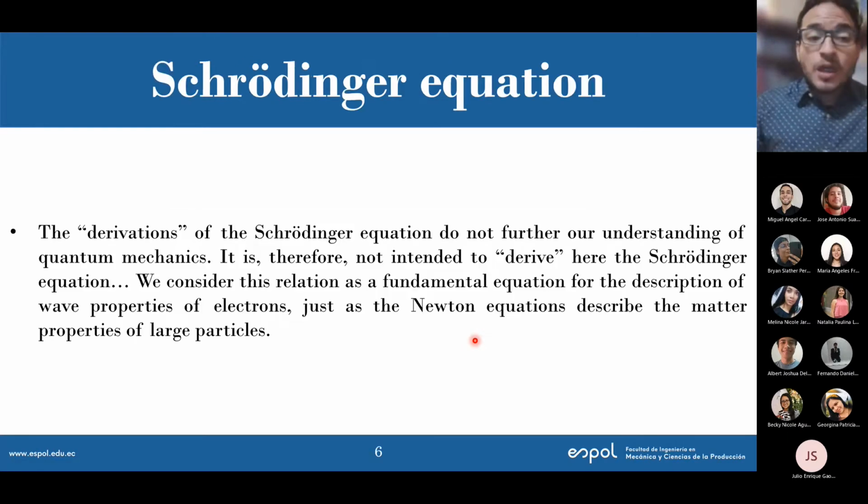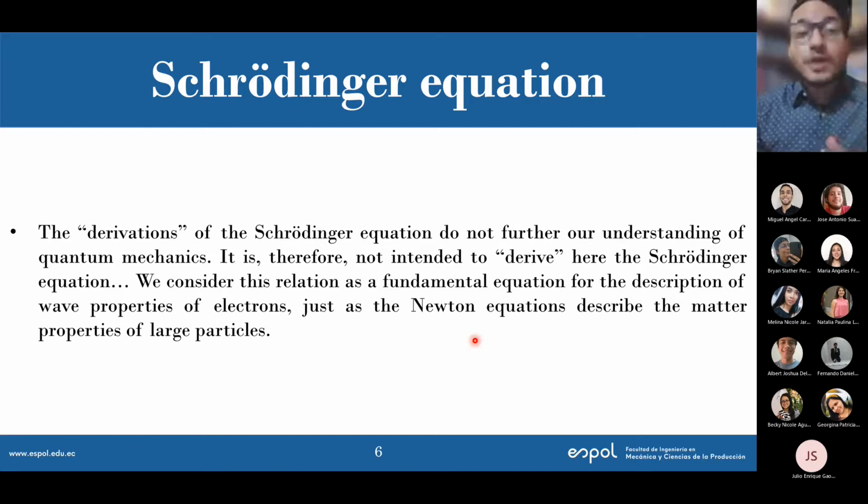Okay. So as I say here, I'm not going to derive the Schrodinger equation. I'm not sure if you did it. You might have done it in your differential equations course. I'm not going to teach you how to derive it. That's more for mathematicians and physicists who really want to understand quantum mechanics. We're really not interested in that. We're more engineers, okay?